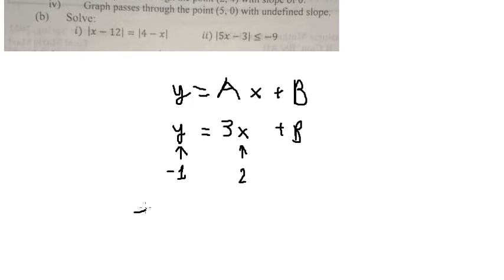So we got negative 1 equals 3 multiplied by 2 plus b. So we got 6.